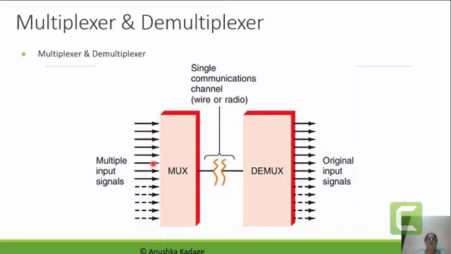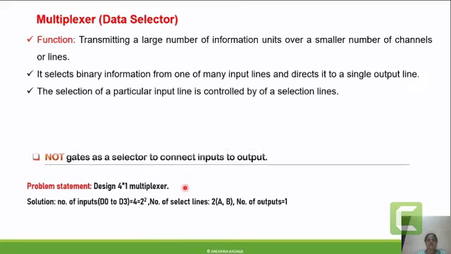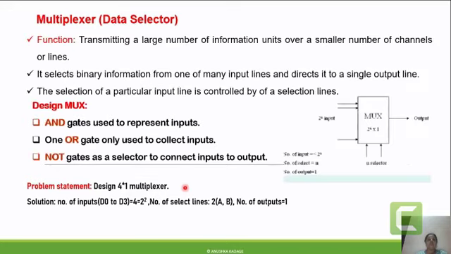So out of these multiple lines, which line's input data has to be put on this channel, that will be the role of this multiplexer. And so we say that it functions for transmitting a large number of information units over a smaller number of channels or lines.